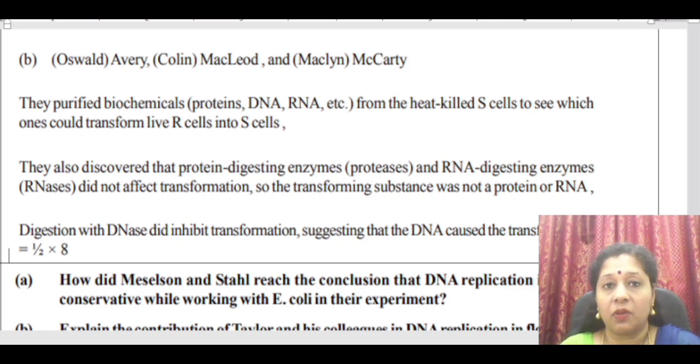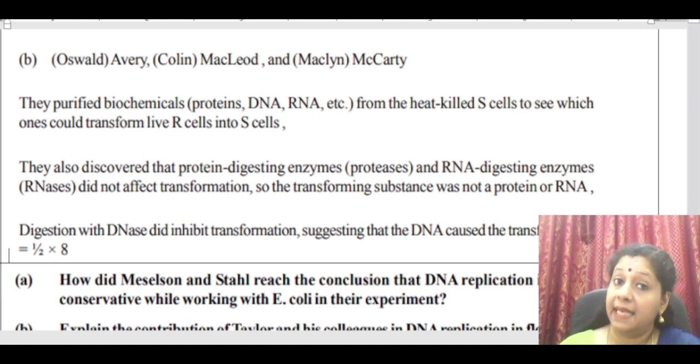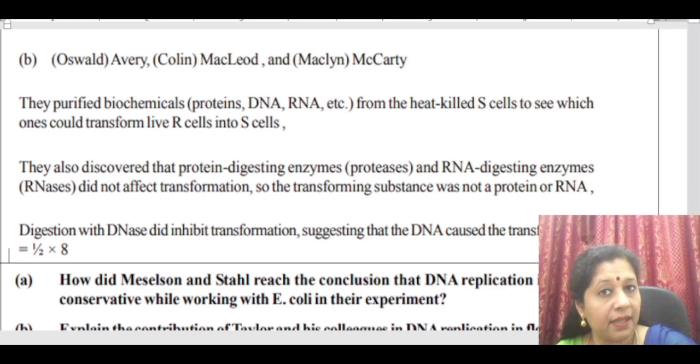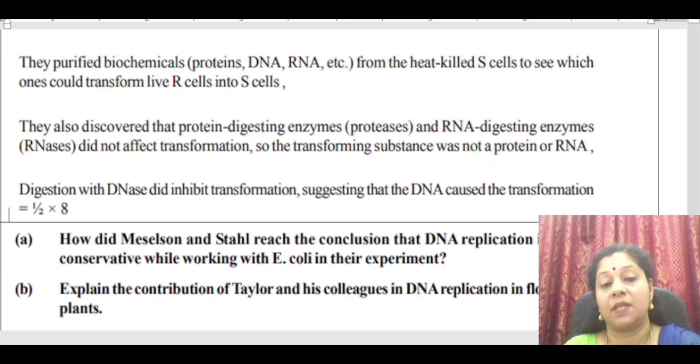It did not affect the process of transformation, because even if protein is digested or RNA is digested, the transformation was still happening. But when DNase enzyme was added, DNA got digested. After that, they could not find any transformation. So they concluded that DNA is the genetic material. Digestion with the DNase enzyme did inhibit transformation, suggesting that DNA caused the transformation.